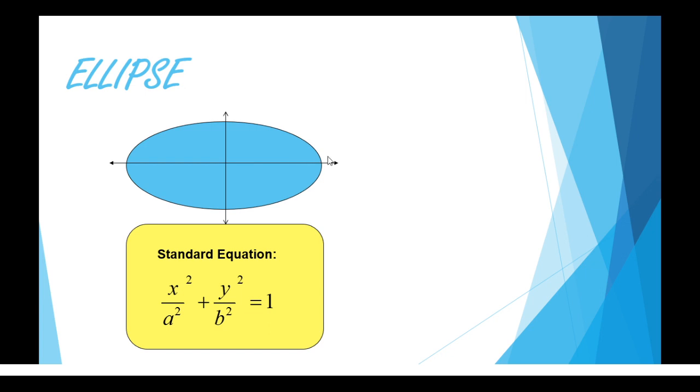This length is called the major axis, and this length is called the minor axis. The length of the major axis is denoted by 2a. From that we have got a square, and the minor axis is 2b, from which we have got b square. Correct?